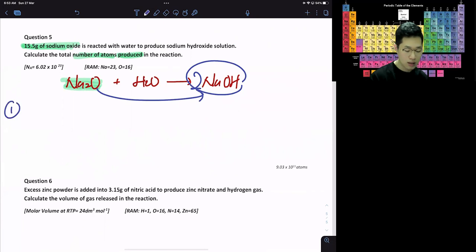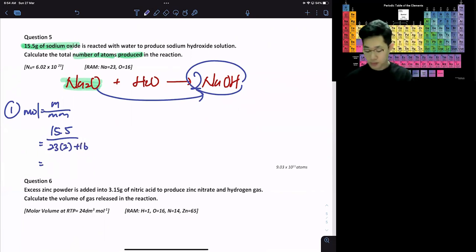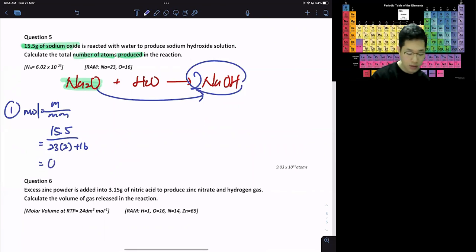Step 1: mole of sodium oxide by using the formula mole equals mass over molar mass. Substitute 15.5 divided by the molar mass of Na2O to get 0.25 mole. Step 2: ratio.